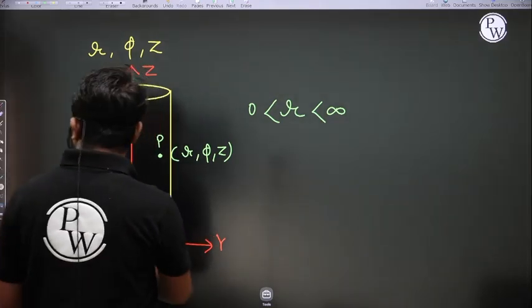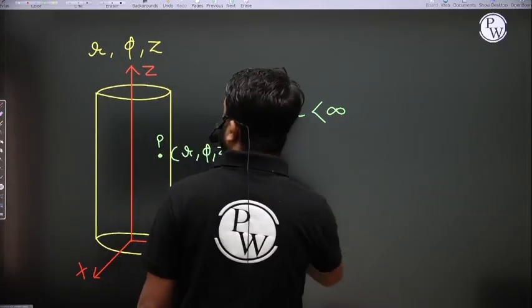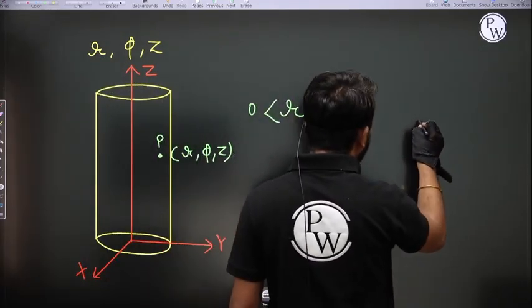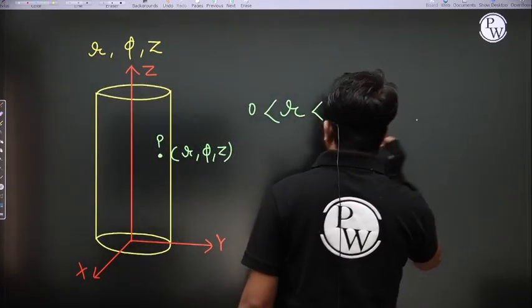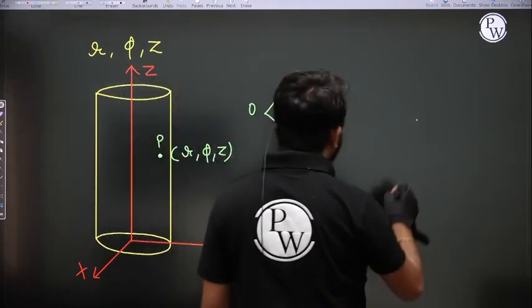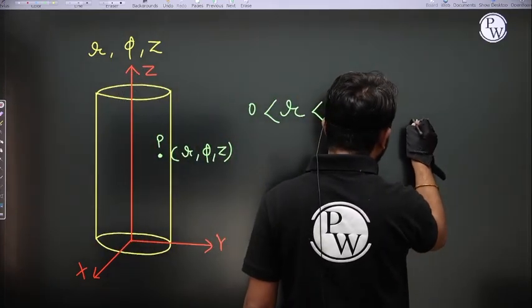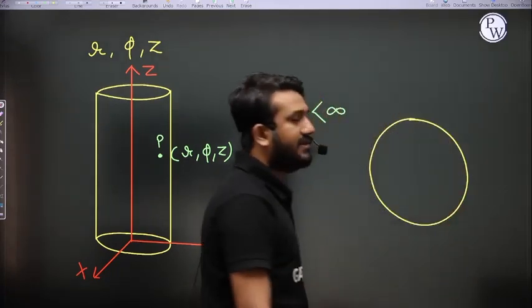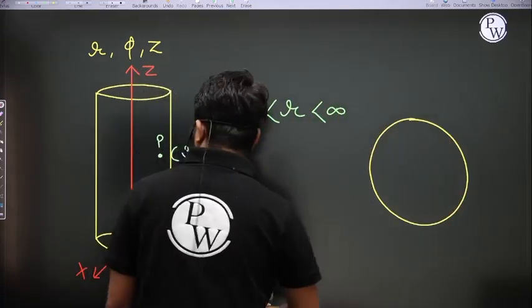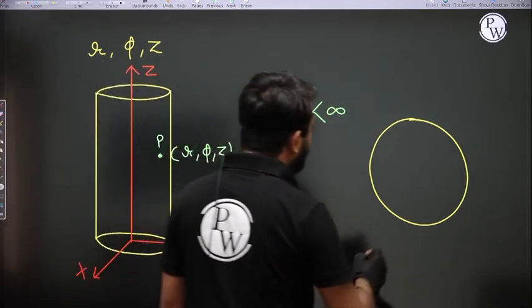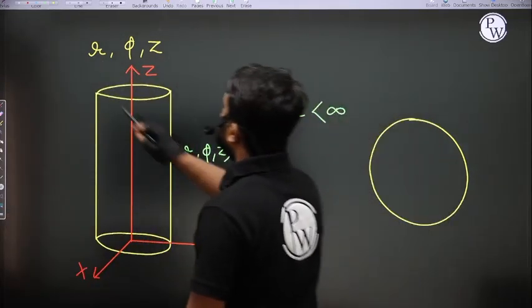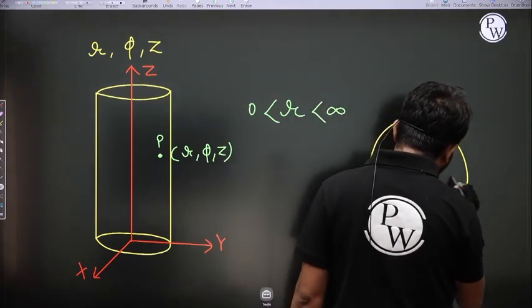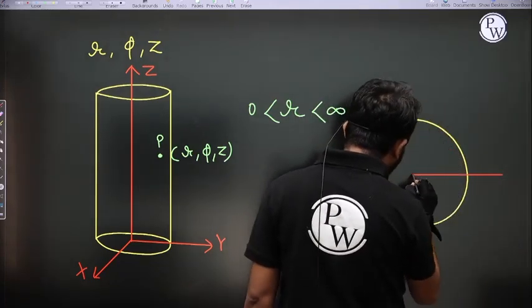So see, in the xy plane, this circle is observed. Okay, this is a circle in the xy plane. So this is the x-axis and this is the y-axis.